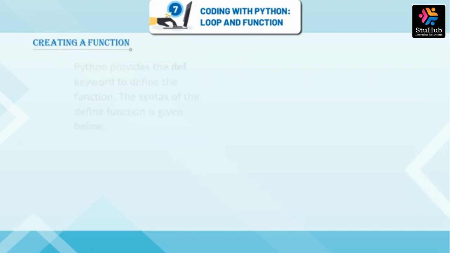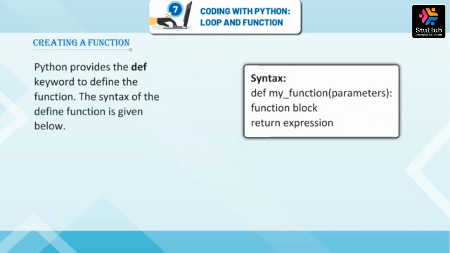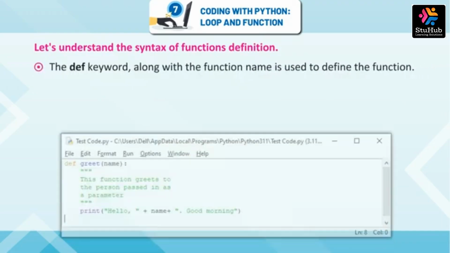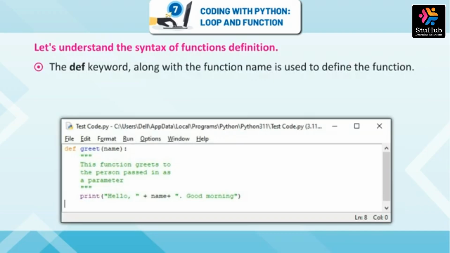Creating a function. Python provides a def keyword to define the function. The syntax of the defined function is given below. Syntax: def my_function(parameters): function_block, return expression. Let's understand the syntax of function definition. The def keyword along with the function name is used to define the function.